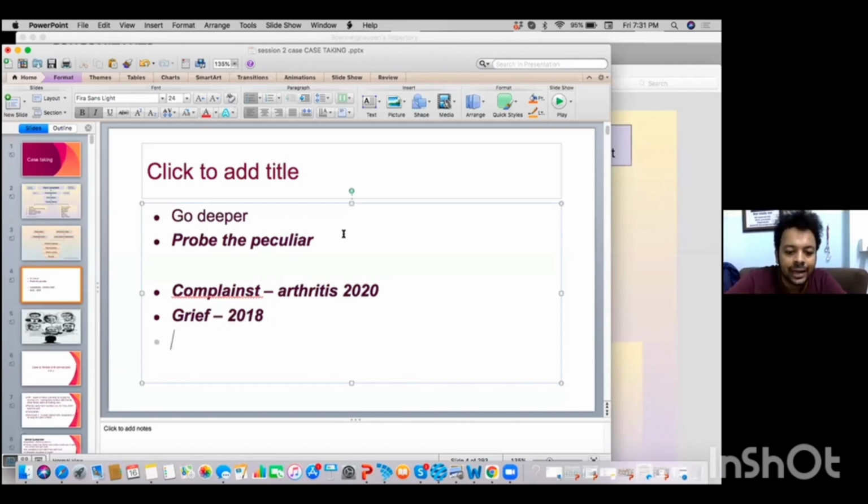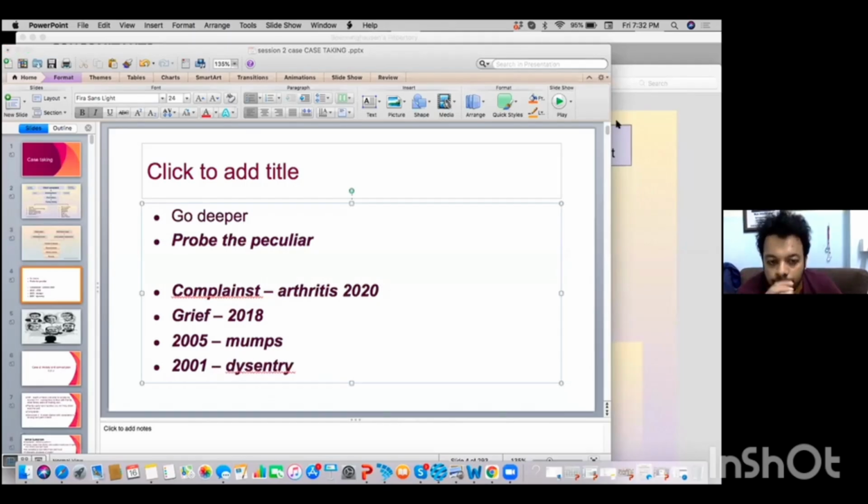And in his childhood, 2005, he had mumps. Okay. And 2001, in his childhood, he had a lot of history of dysentery. So I would make it like that. So this will help me a lot to understand the origin, duration, progress of the illness. The origin, duration, progress. Very important.